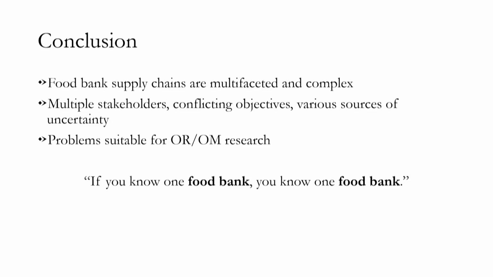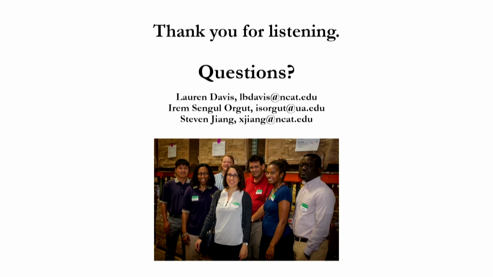I wanted to leave you with this saying that Lauren mentioned: if you know one food bank, you know one food bank. What that means is that when you are working with a food bank, we should all try to understand their unique challenges and their unique goals, and build our models accordingly. And thank you for listening.